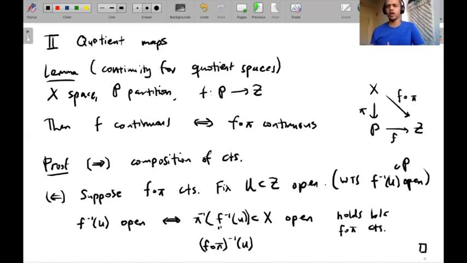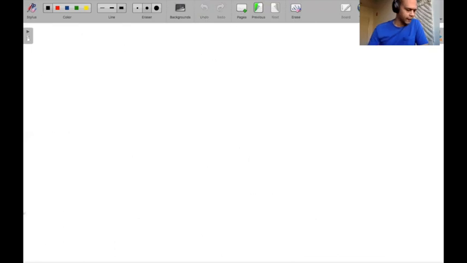Okay, so now we know how to test if a function from a quotient space is continuous. The next thing we need is the following definition, which is the notion of a quotient map.